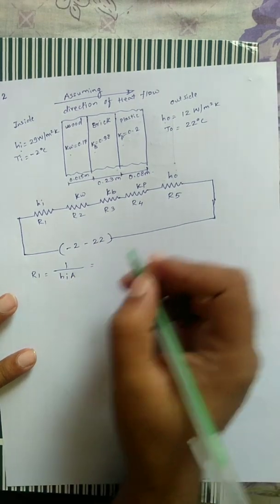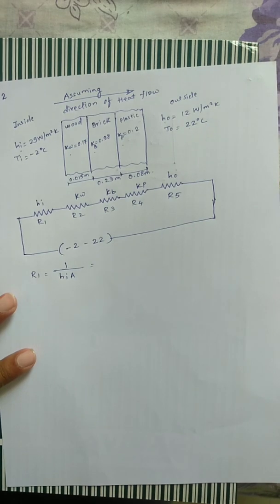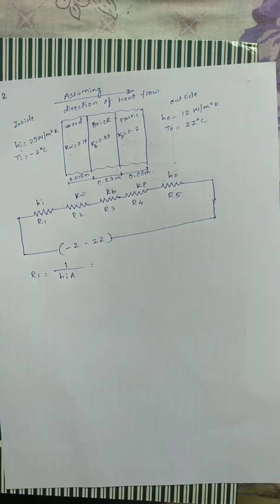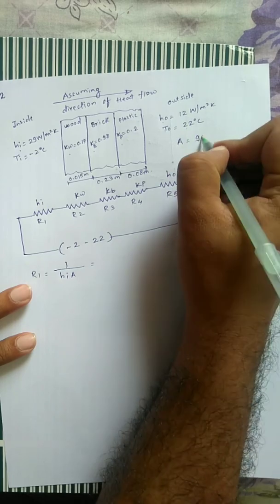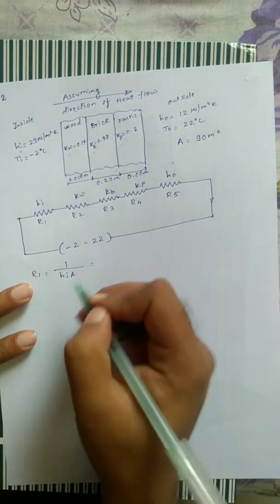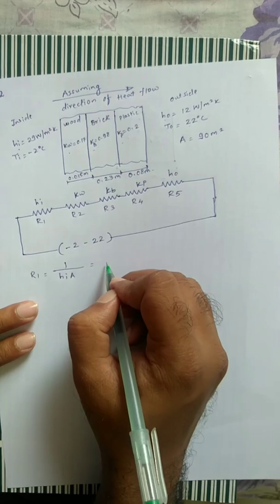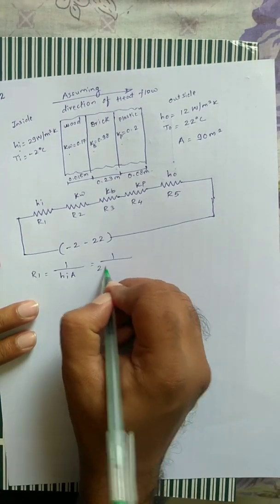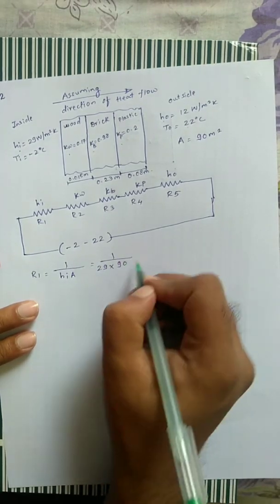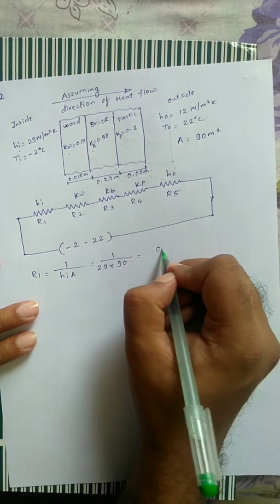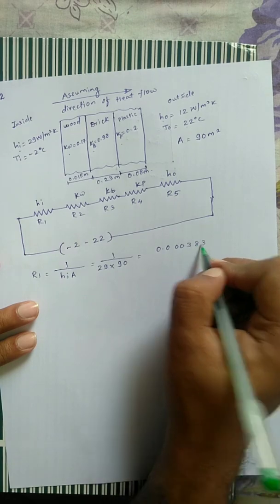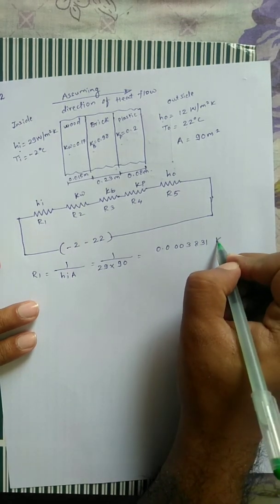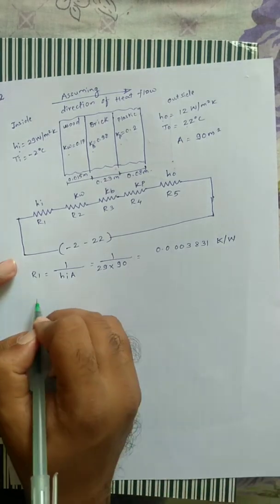Now in the given problem, they have asked you to determine the rate of heat removal by refrigeration if the total area is 90 meter square. So you know the value of HI, you know the value of area. So you just need to put the values of area and HI and you will get this answer, in Kelvin per watt. It will be the unit of resistance.